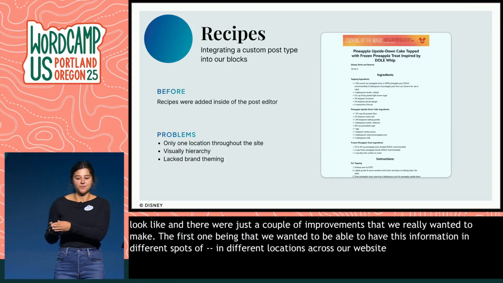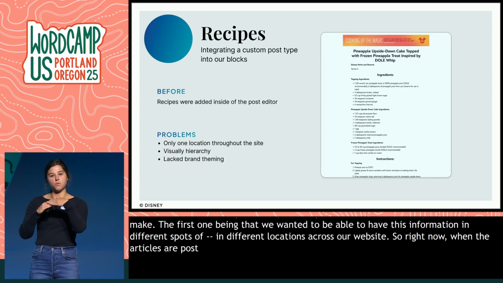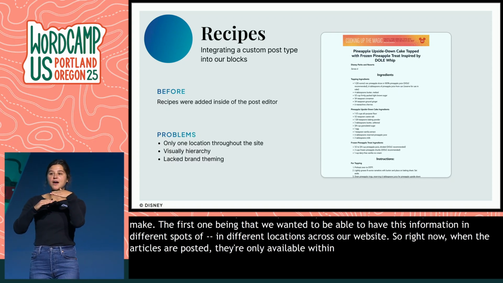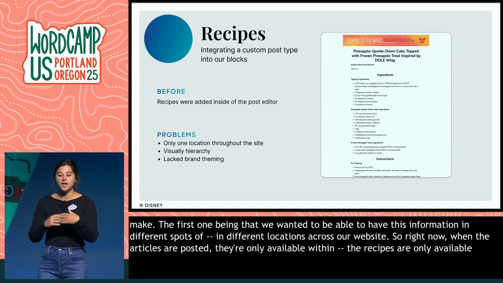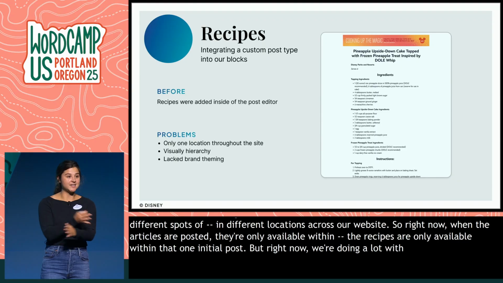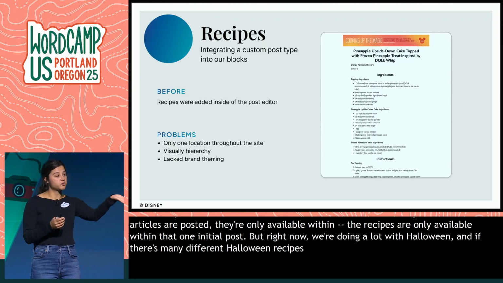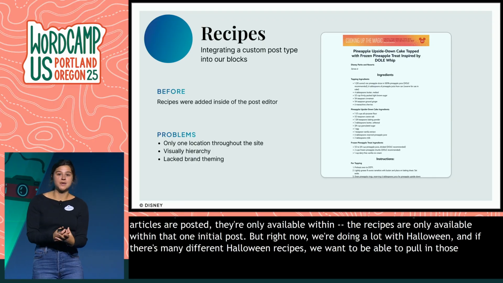Right now, when the articles are posted, the recipes are only available within that one initial post. But right now, we're doing a lot with Halloween, and if there are many different Halloween recipes, we want to be able to pull those recipes all into one landing page experience.